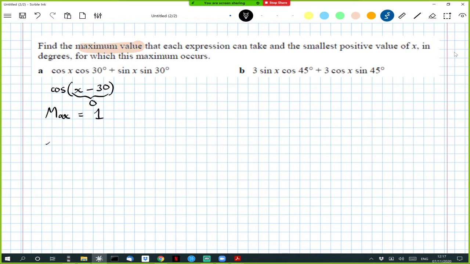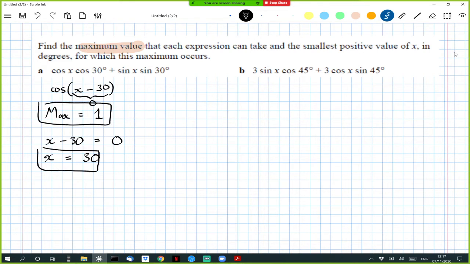So we want that angle, x minus 30, to equal 0, which means that x equals 30 is the smallest positive value for which that maximum occurs. So there's our answer there, and there's our answer there, the maximum and the smallest positive value for which it occurs.